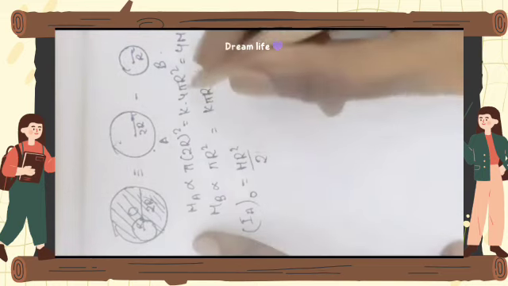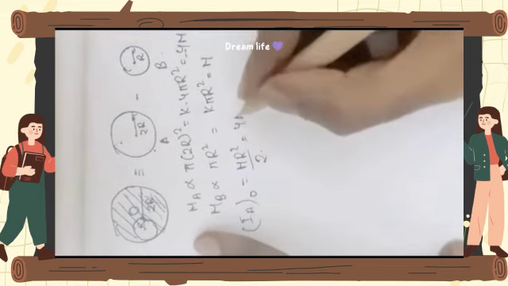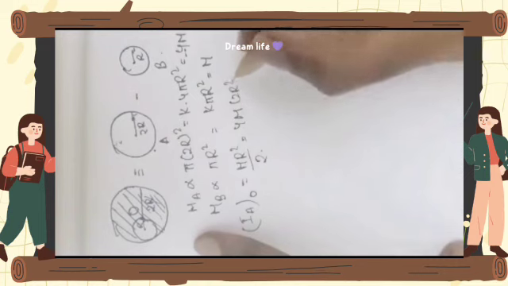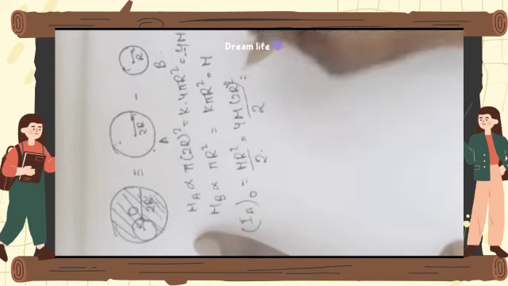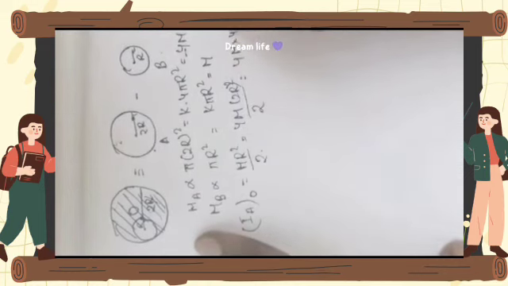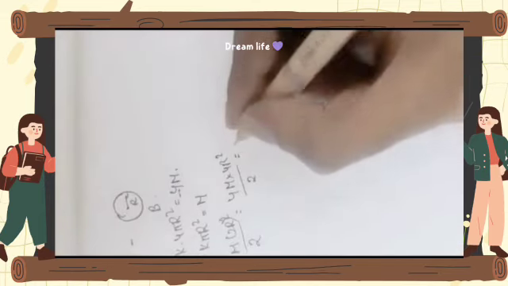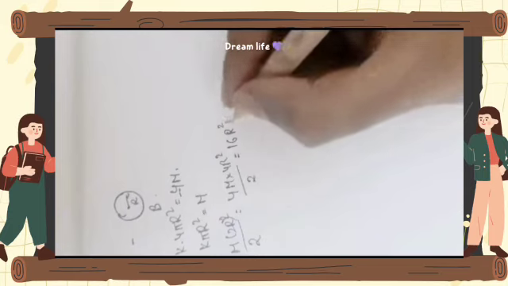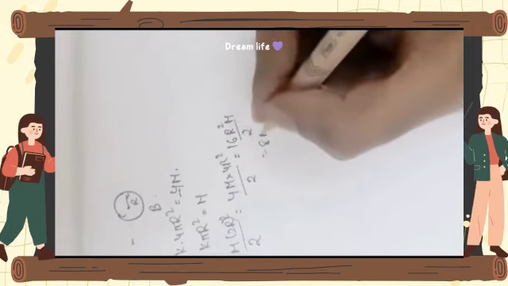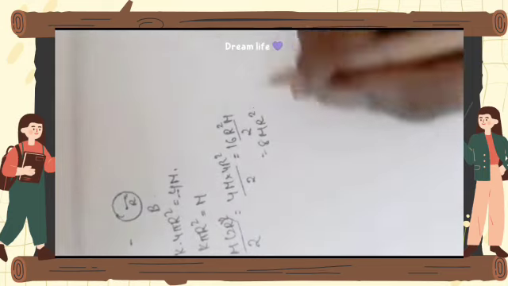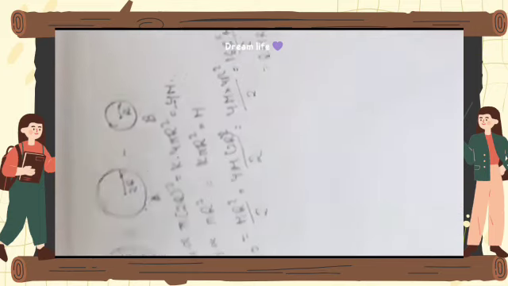So here for A, the mass is 4m and the radius is 2r. So 4m into 2r the whole square by 2, which is equal to 4m into 4r square by 2, which is equal to 16r square m by 2, which is equal to 8mr square. So the moment of inertia of A about O is 8mr square.